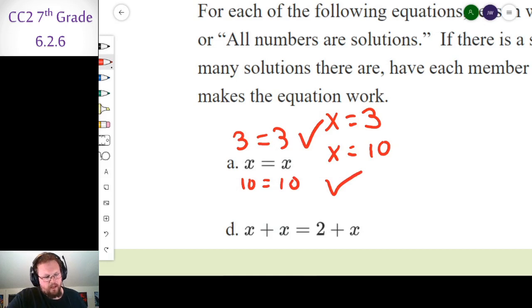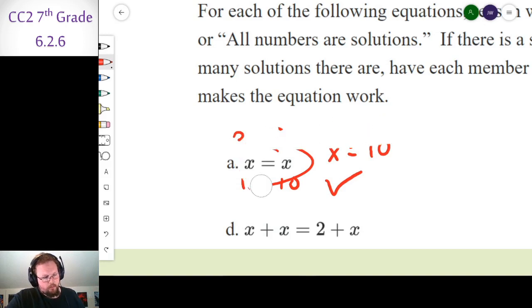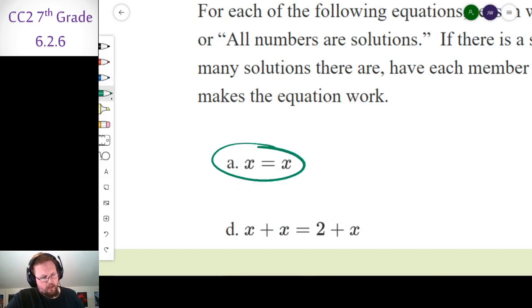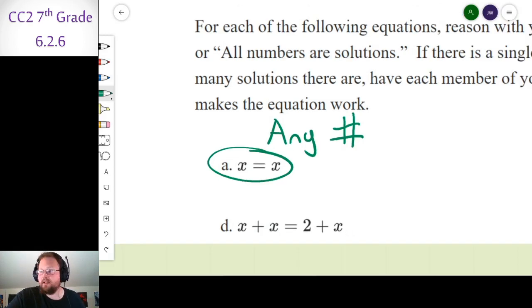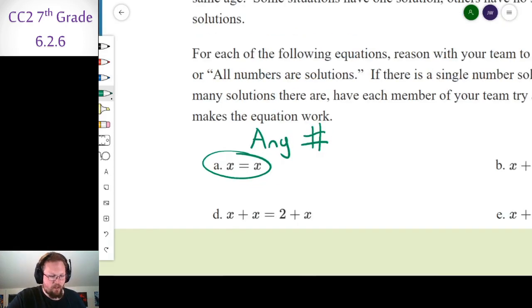So in this situation, any number I plug in is going to work. So for this equation, we're going to say that any number works. There's a more formal way to say any number, and we will get to that shortly, but calling it any number for now is fine.